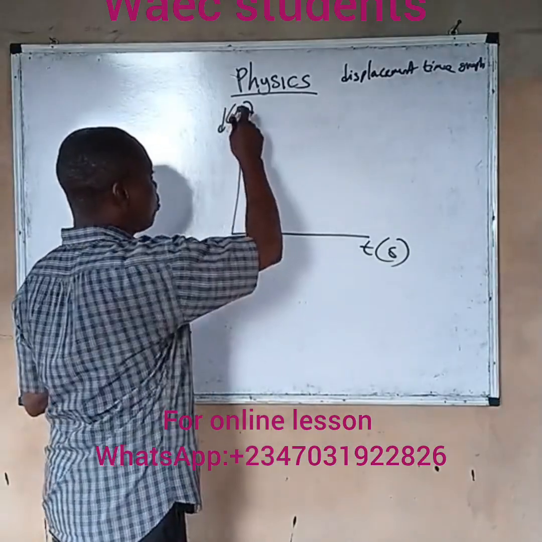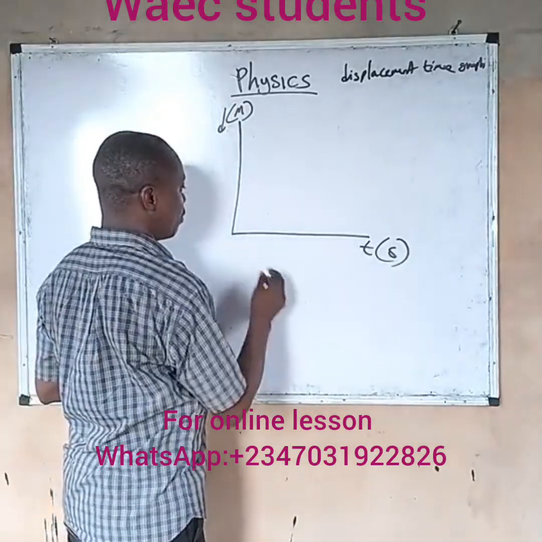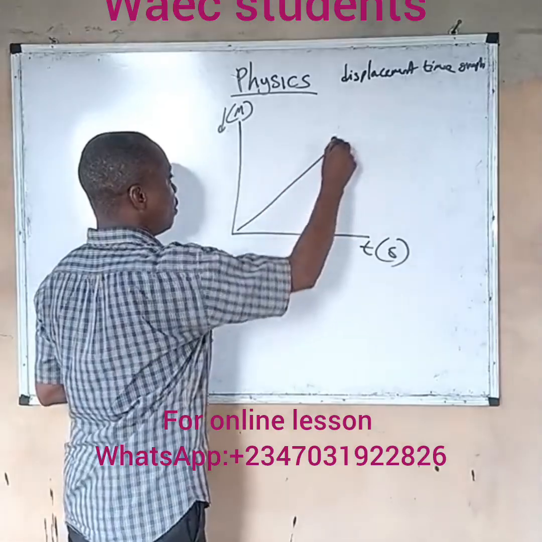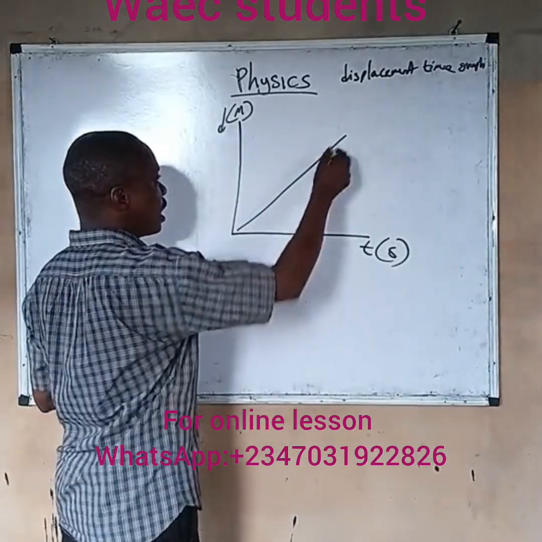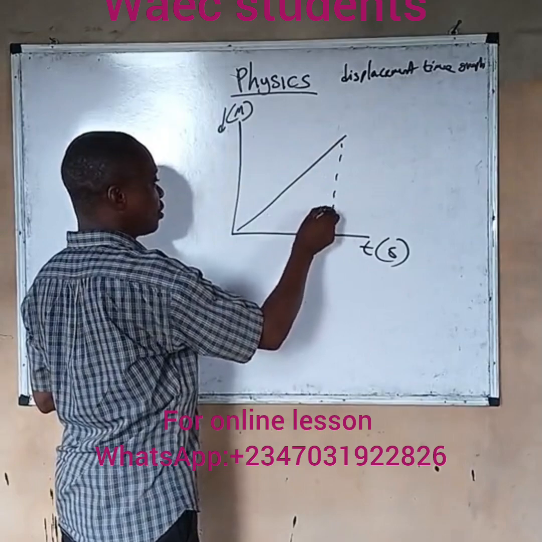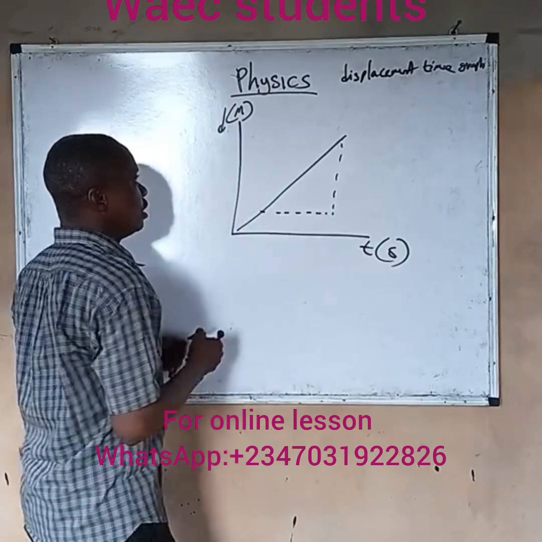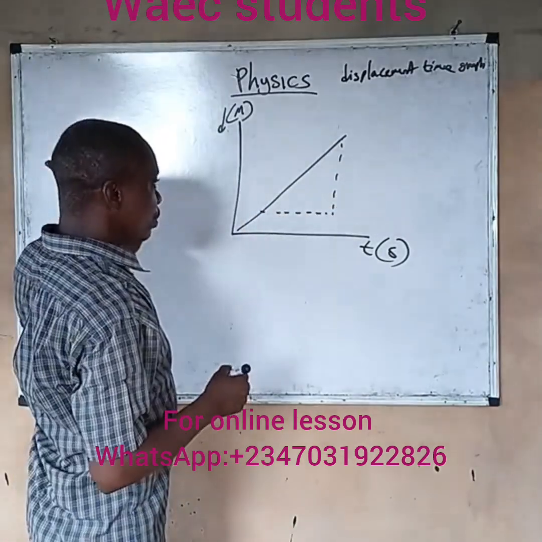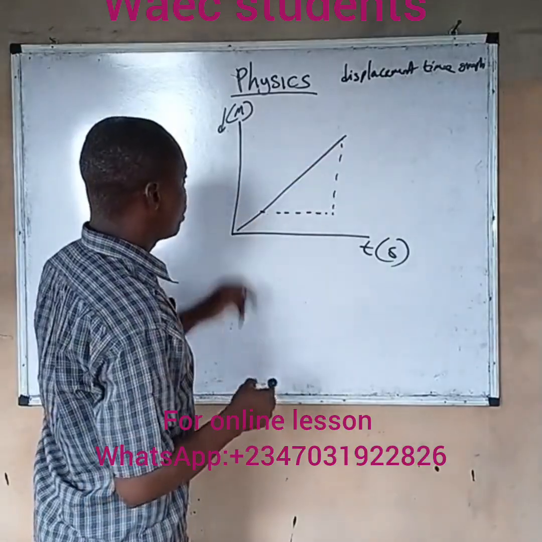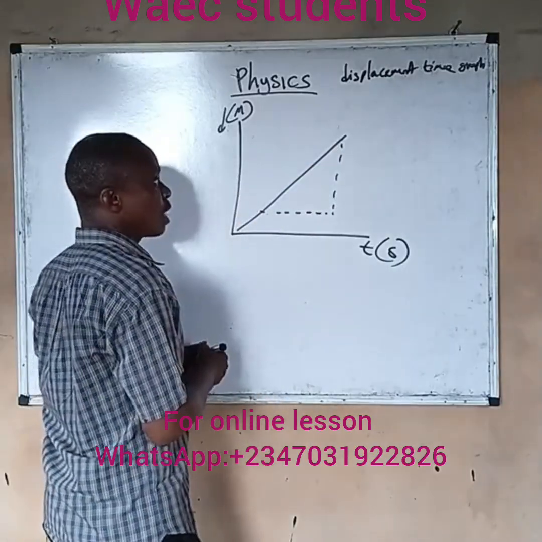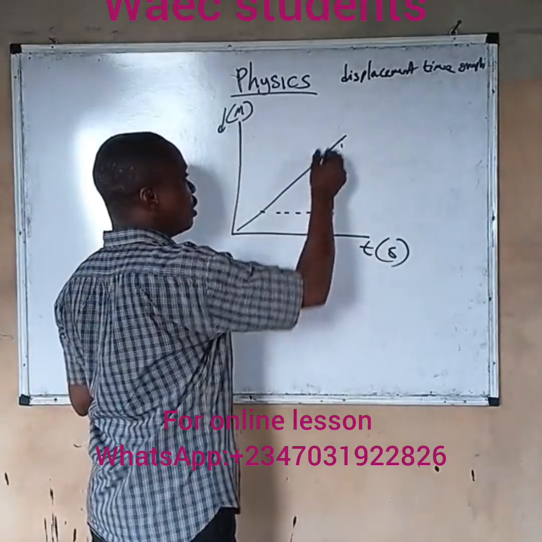Now, when you plot the displacement against the time, you have a straight line graph like this. When you have a straight line graph, you get the slope.